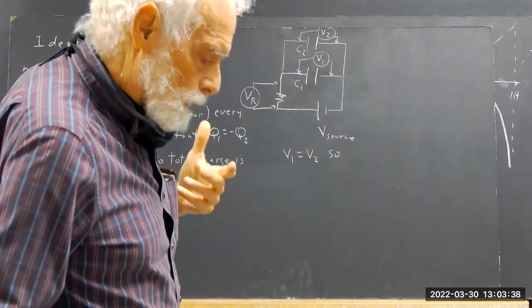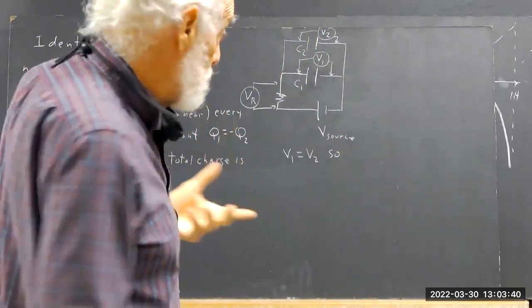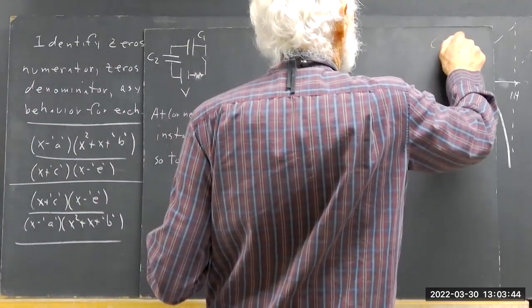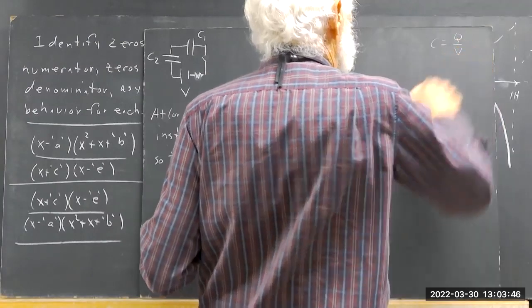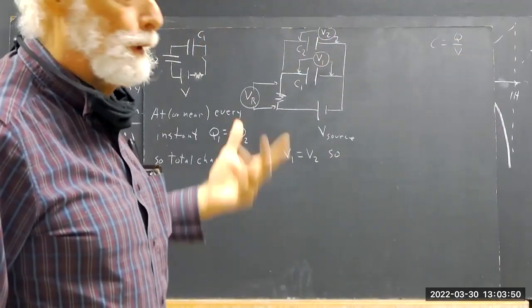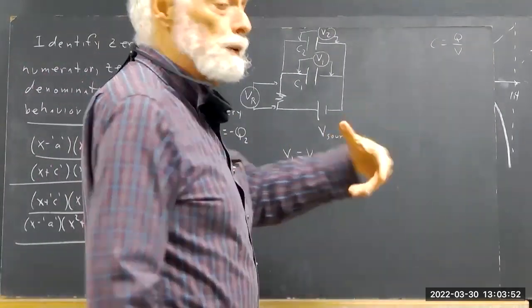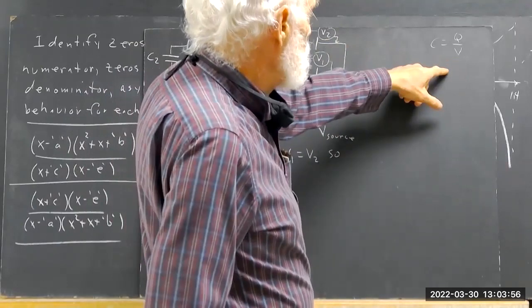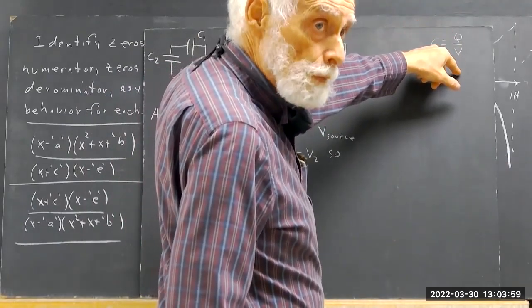Now, remember again, and it helps to write this out, the capacitance is the charge over the voltage. So you don't get confused, and so I don't get confused and write this wrong, which I did last time when I was developing the whole thing. Okay, so the voltage is what? It's Q over C, right?